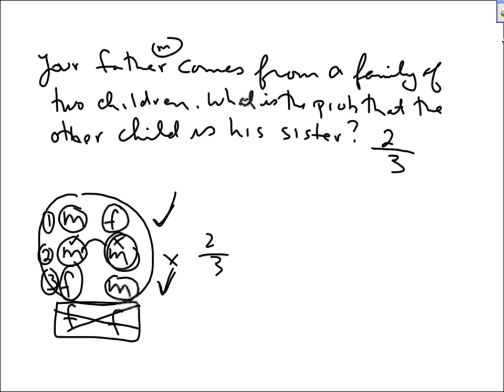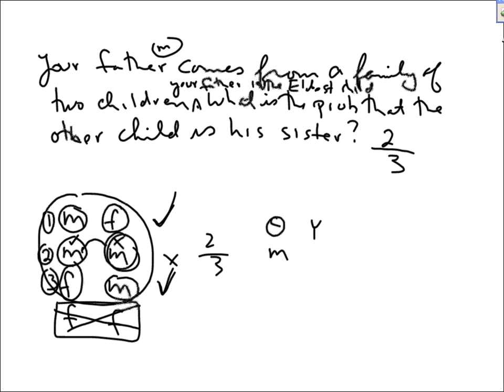Your father comes from a family of 2 children. Now I'm going to change it. Just one minor modification. Your father is their eldest, the oldest child. Your father is the eldest child. We'll have the oldest and then the youngest.